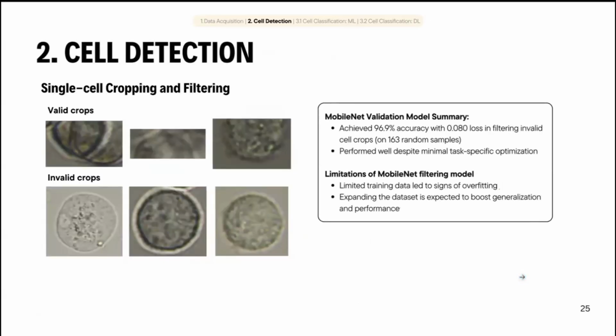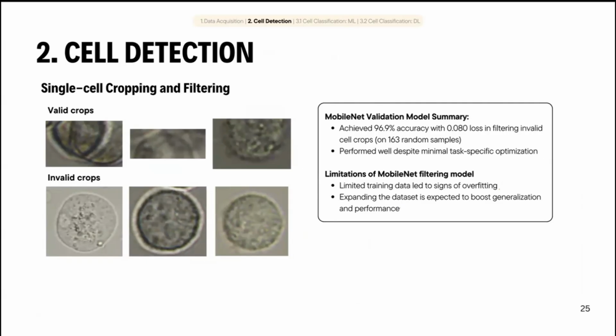This is our MobileNet filtering model. It reached 96.9% accuracy with low validation loss, even with minimal tuning. This shows a strong baseline performance for a lightweight secondary component. However, we did notice signs of overfitting, likely due to the small training set of just 650 images compared to other tasks we carried out in this project.